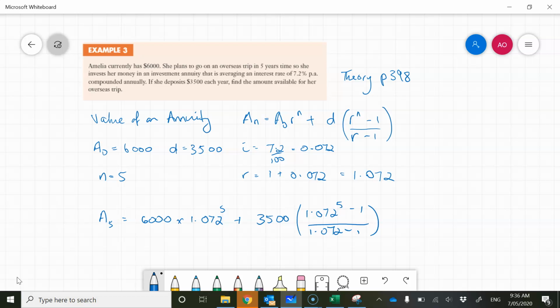Now I would write this again as two separate sums. I would do this on my calculator.